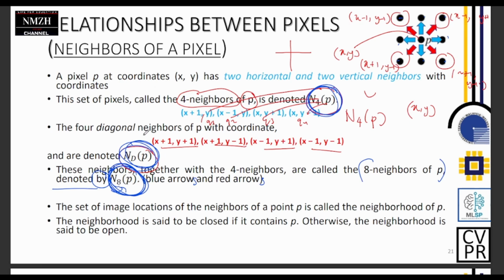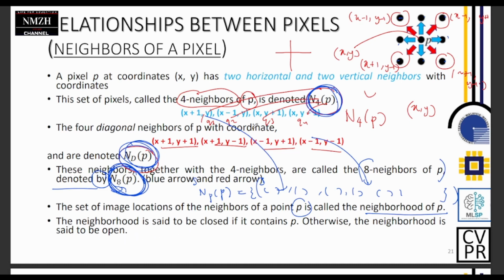Let's jump to the next one. The set of image locations for the neighbors of P is called the neighborhood of P. We have these 4 locations plus these 4 locations, becoming a set, which we call the neighborhood of P. In total we have 8 locations or coordinates.